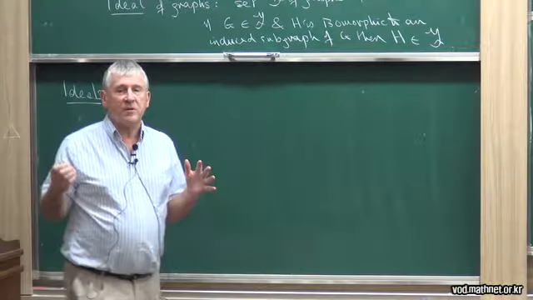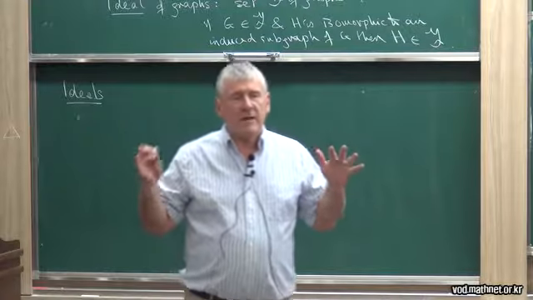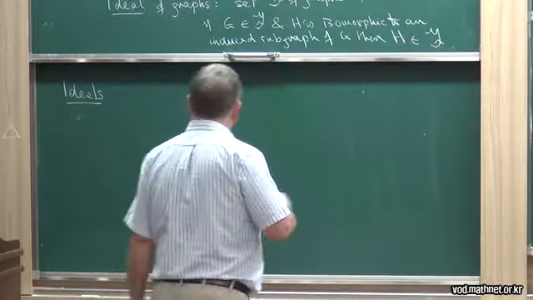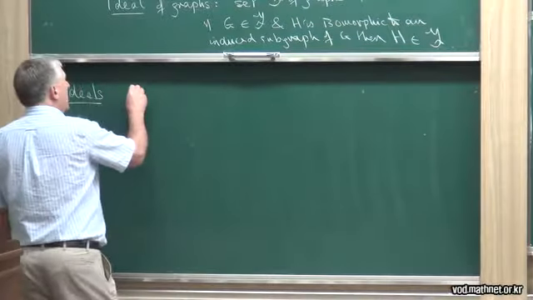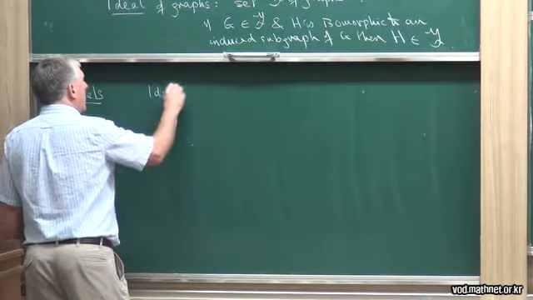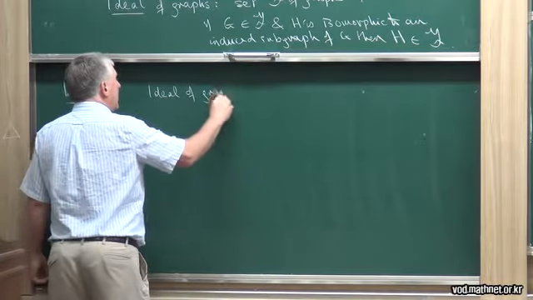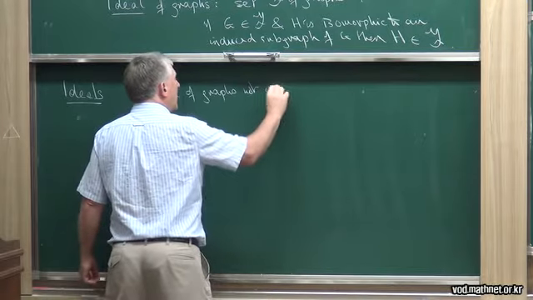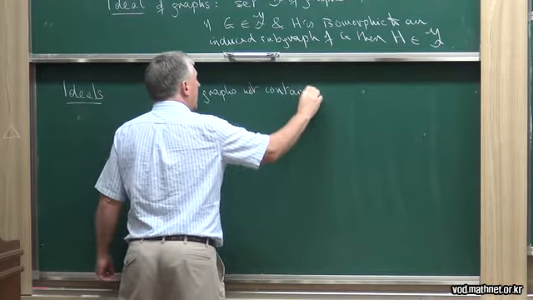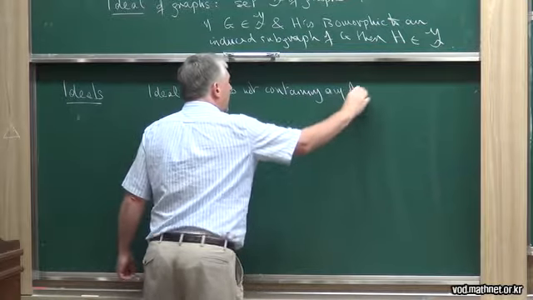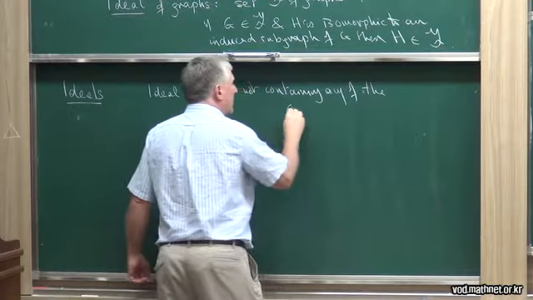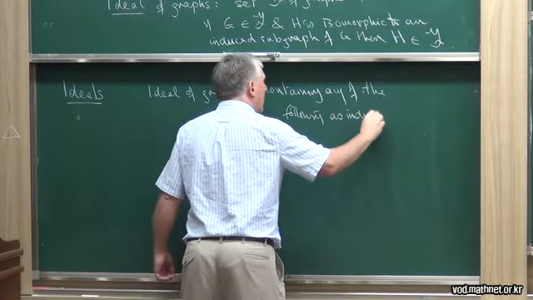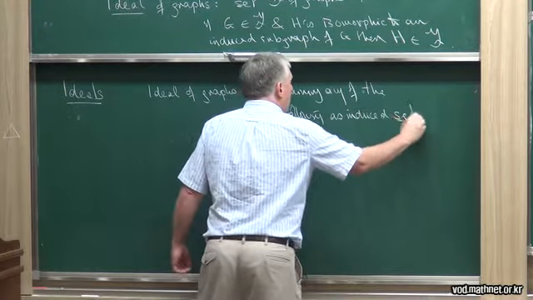You could take the ideal of all graphs. You could characterize ideals by the graphs they don't contain. You could exclude some graphs. You could say the ideal of graphs not containing any of the following graphs, and then make a list.